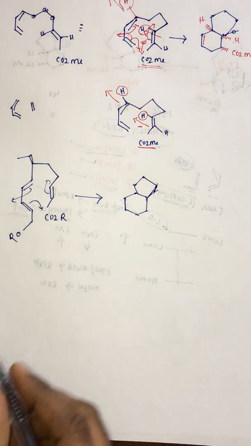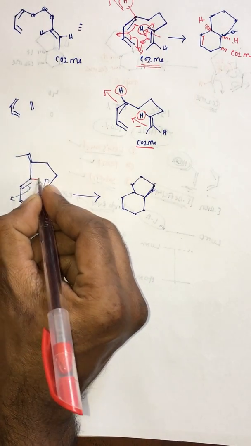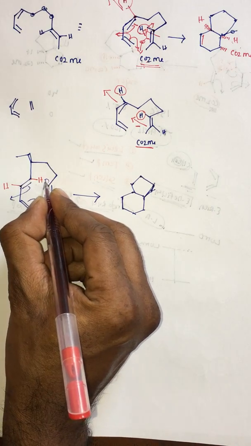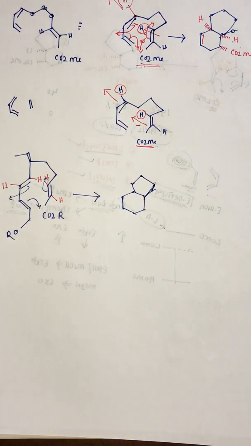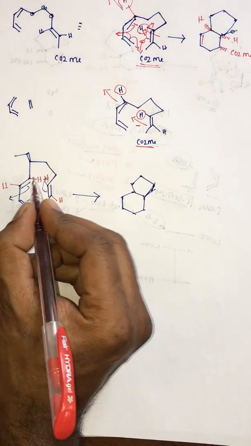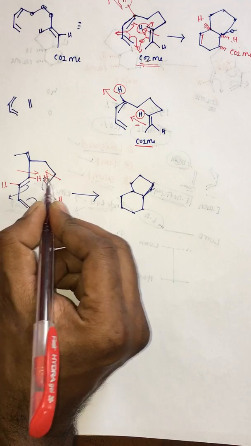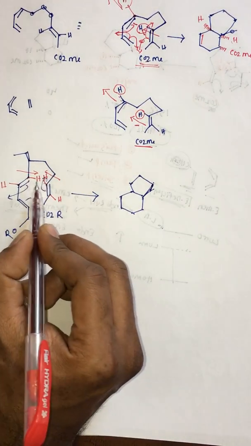Okay, now these two hydrogens and these hydrogens, you can see here this hydrogen is coming down and this hydrogen is going up. So these two hydrogens are trans to each other. Here these two hydrogens are cis to each other. Here these two hydrogens are trans to each other.